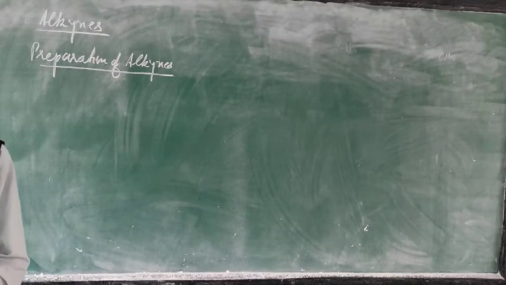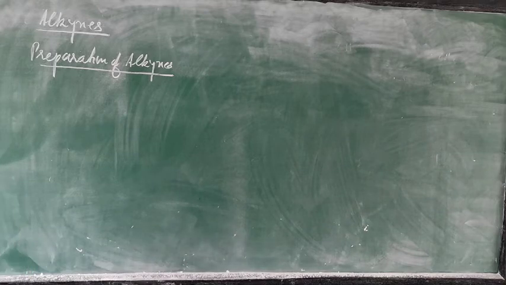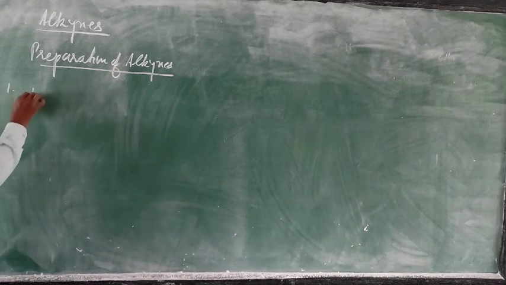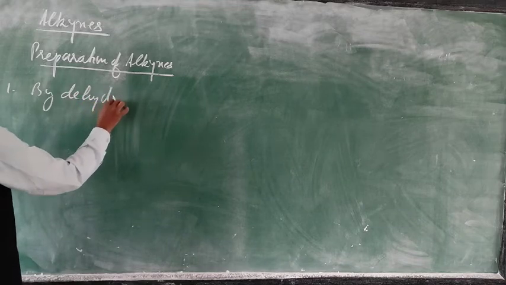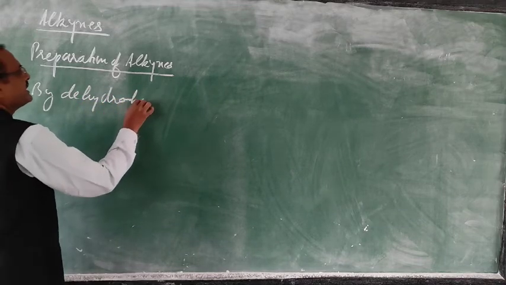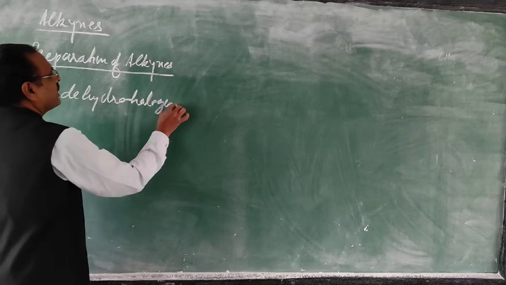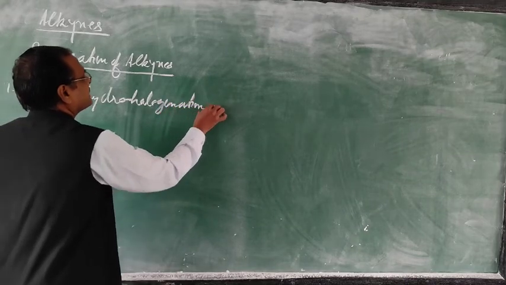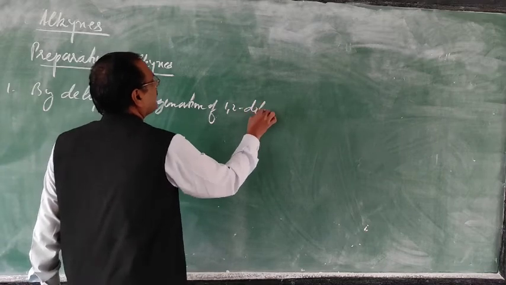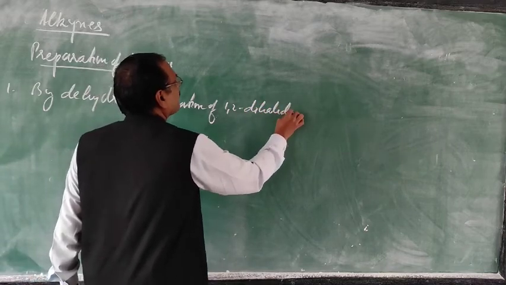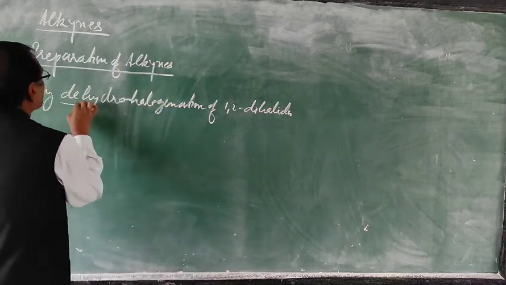The first method is by dehydrohalogenation of 1,2-dihalides.